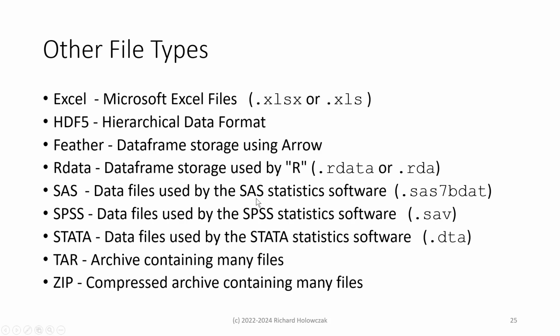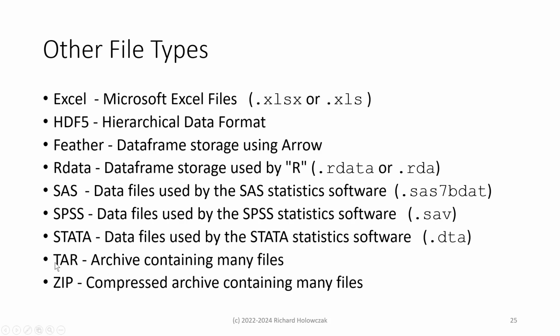SAS is a very popular statistics software, and they have their own format, sas7bdat. It's a binary file format for SAS data files. SPSS and Stata are also very popular statistics software. They have, of course, their own data file formats. And then the last two are not necessarily file formats, but they're ways of storing files.